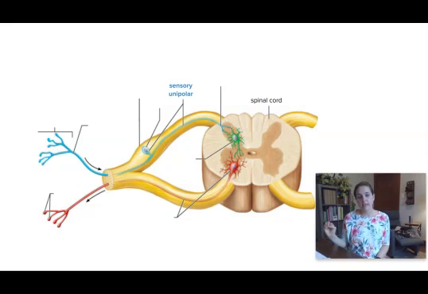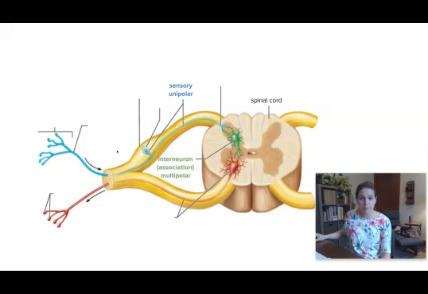This guy is going to be the one, this would be where my skin was getting poked with a needle. And notice the arrow. The signal is going from this direction towards the spinal cord. Now, pay attention to the structure here.